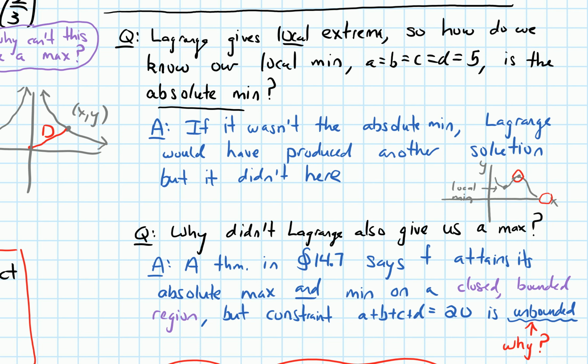And at that point, this theorem no longer applies. So if our constraint does correspond to a closed and bounded region, as it will in our next video, then this theorem says there should be an absolute max and an absolute min. So we'll see that in the next video. But in this problem, it does not apply because our region is unbounded.